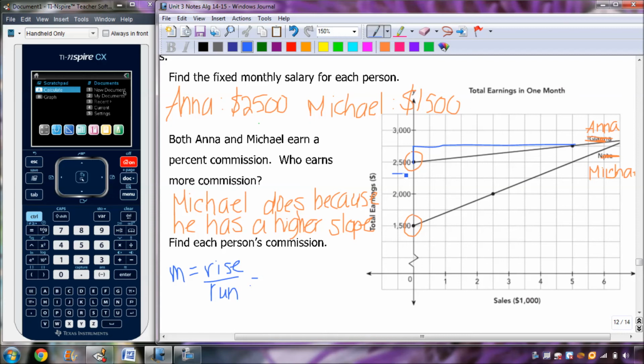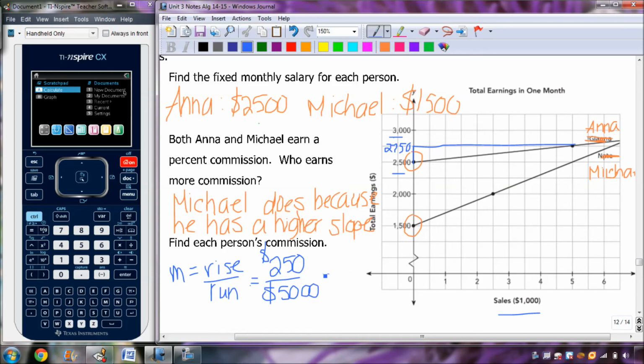Well, this is 2,500, this is 3,000, so halfway in between should be 2,750, right? So Anna earned from 2,500 to 2,750, that's an increase of $250, okay, over a course of $5,000 worth of sales.